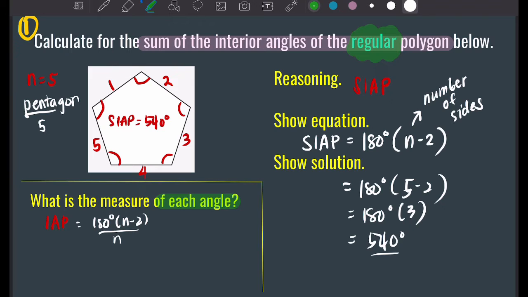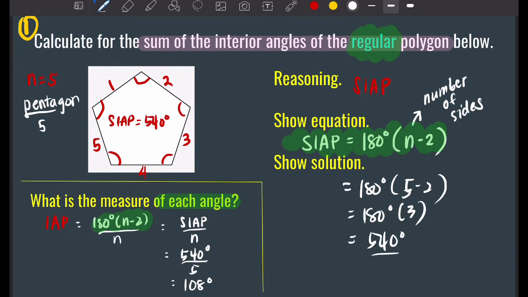We already know what the top part is, so we can just put in the sum of interior angles divided by the number of sides, which is 540 degrees divided by 5, which is 108 degrees.